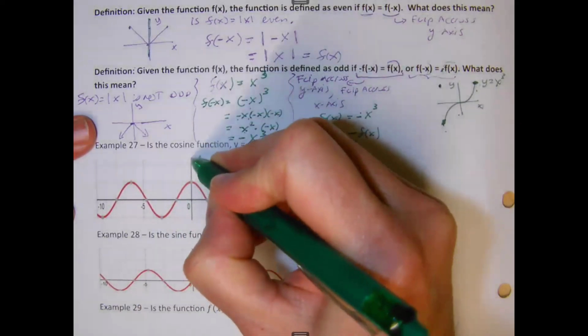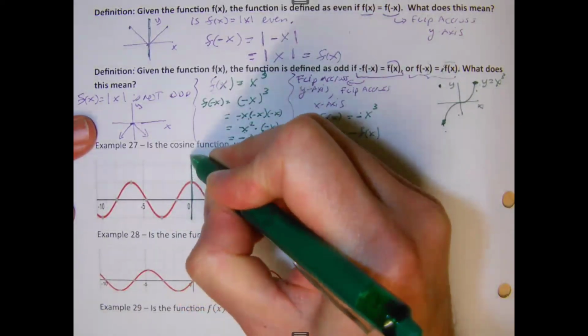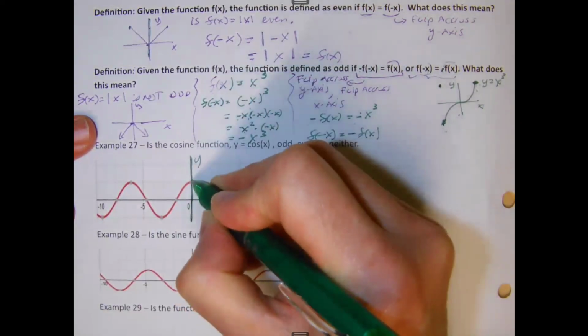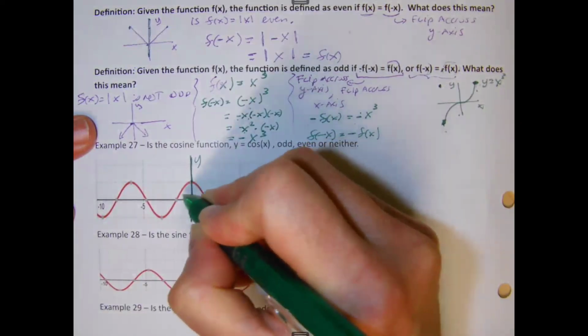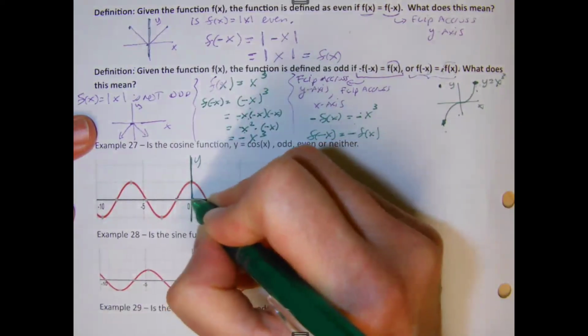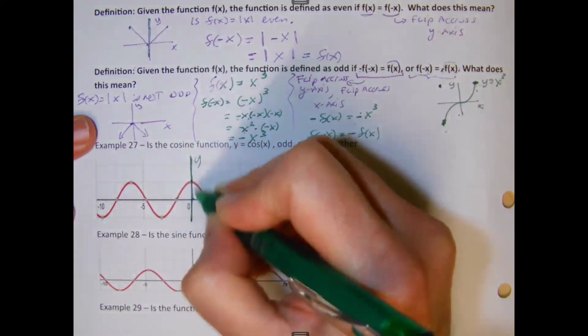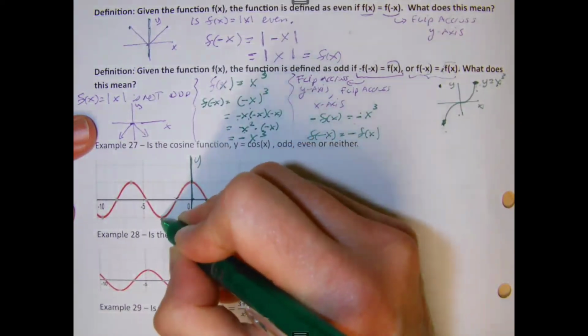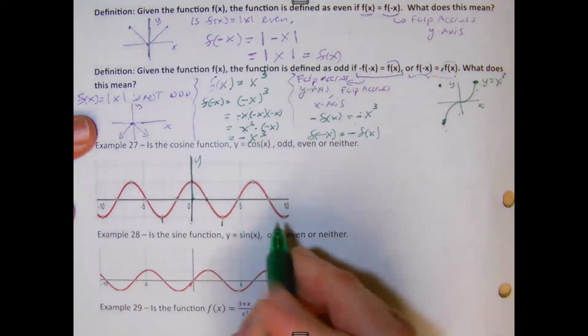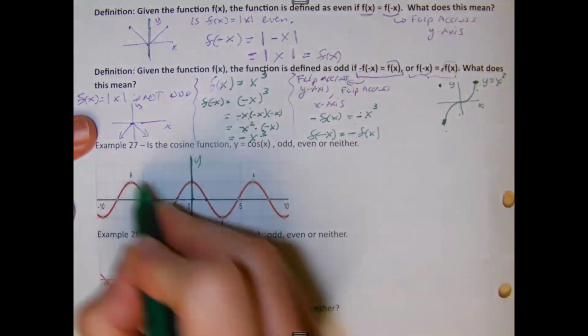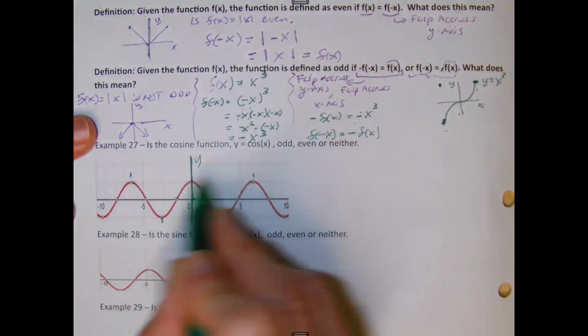Here's the y-axis. Yeah, there's like a mirror image. I can see that now. Like for example, this point and this point are the same distance away from the y-axis. So yeah, it's like a little mirror image. This point is over here on the other side, same distance away from the y-axis. This point is over here, and look at that, same distance across the y-axis.